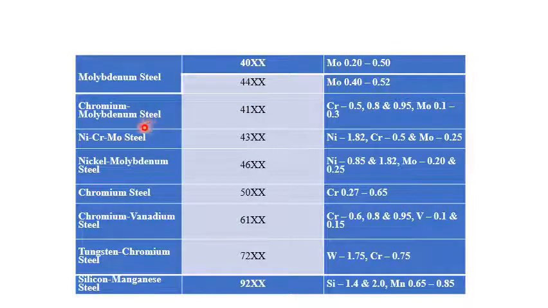In the same way, for chromium steel the first digit is a 5 and 0 indicates the chromium content will vary from 0.27 to 0.65. If it is a 6, the first digit indicates the major alloying element, chromium vanadium steel, and the chromium and vanadium will vary in this percentage. So from the digits, one can easily find out the major alloying element and the proportions normally present in the steels.